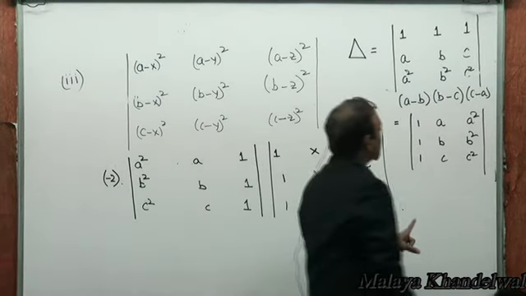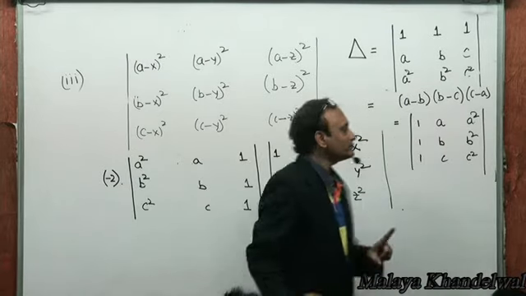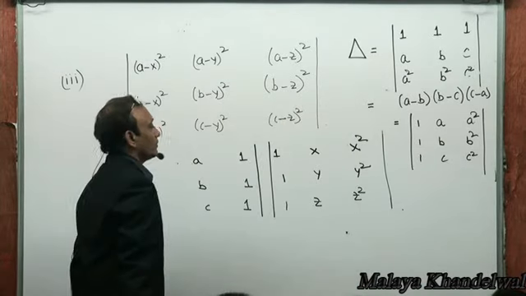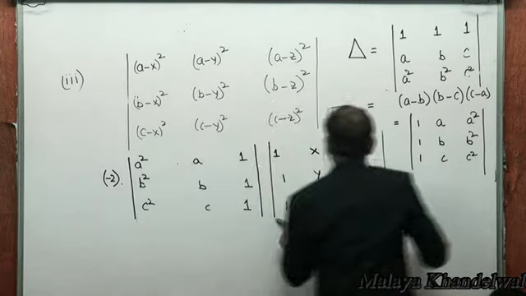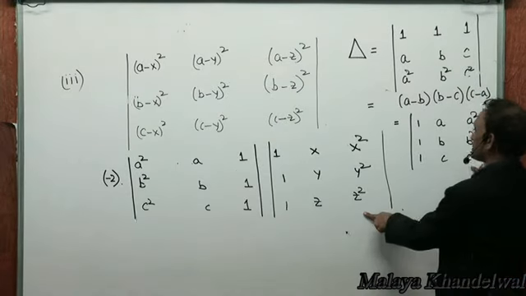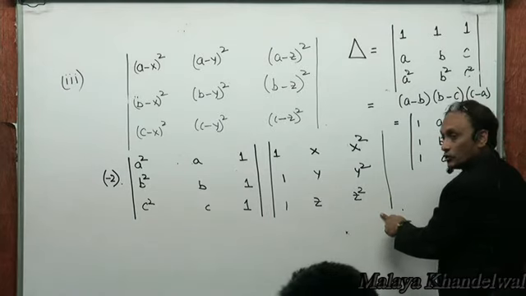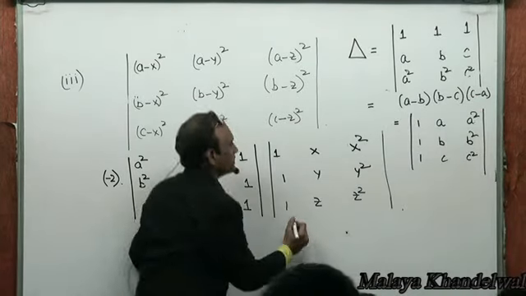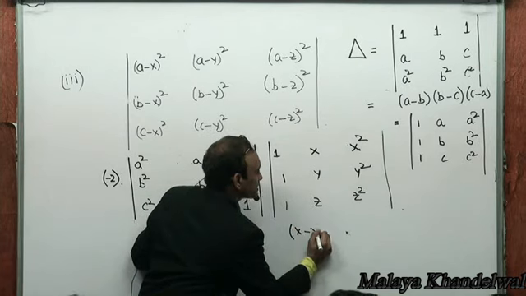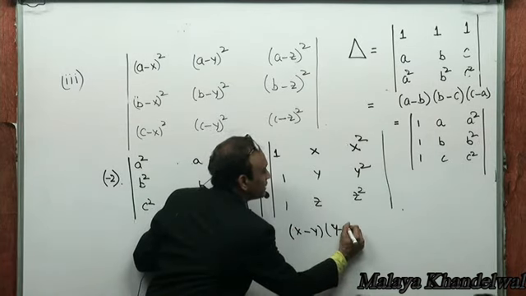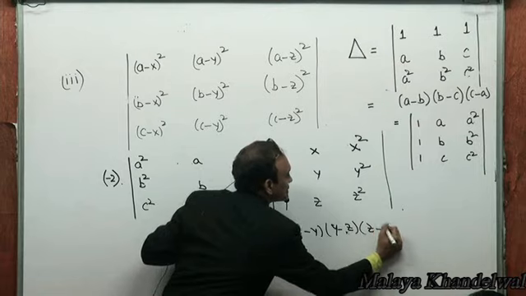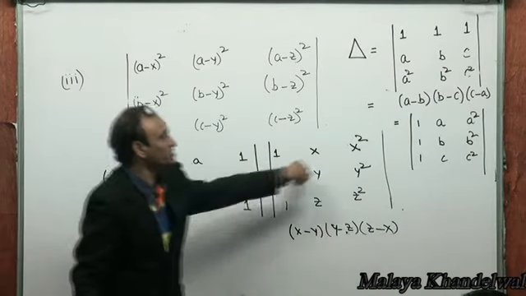Now, see, this then is the same as this: 1, a, a squared; 1, b, b squared; 1, c, c squared. So the value of this is going to be what? (x minus y) into (y minus z) into (z minus x), the second determinant. Yes or no? Because this is the same as this.